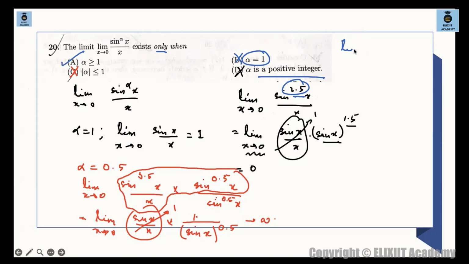So limit x tending to 0 of sin square x divided by x. This will still exist, because you can write this as sin x divided by x, into sin x. So this quantity becomes 1 and sin 0 is 0. So this will become 0. So this limit will exist. So clearly option A must be correct.